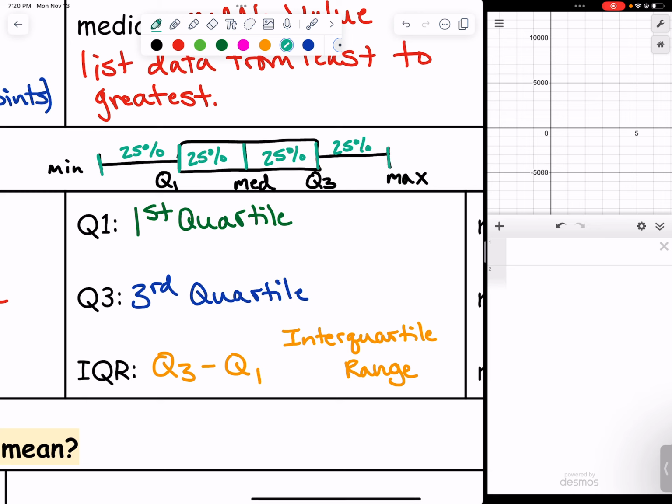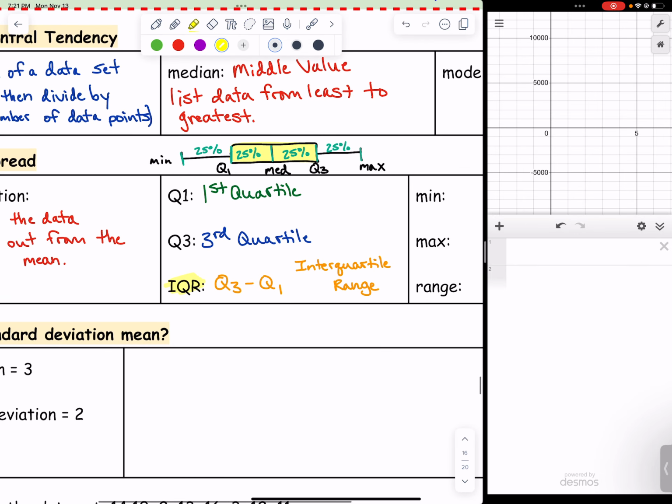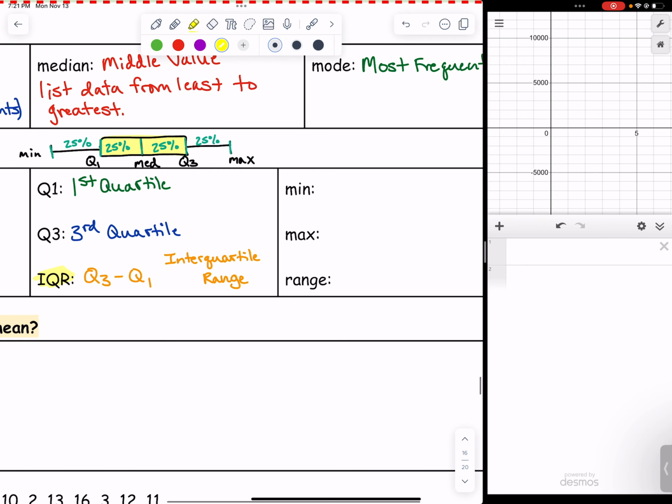And so the interquartile range, the IQR, represents how far it is from Q3 to Q1, or the difference between those two, because that gives us our range of our middle 50% of our data, which we're very interested in when we look at statistics.